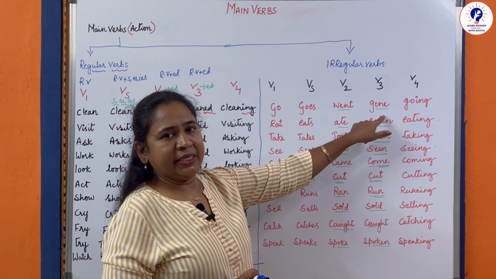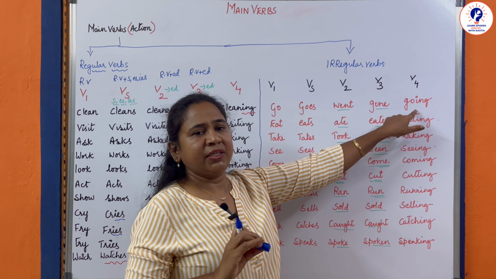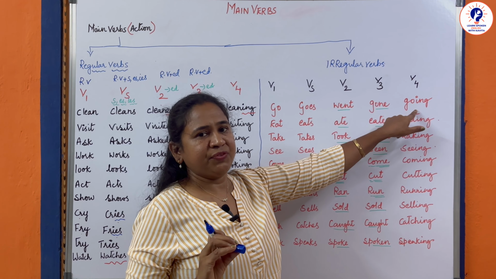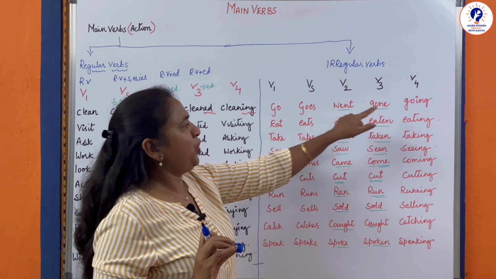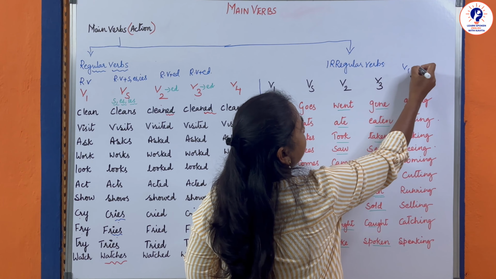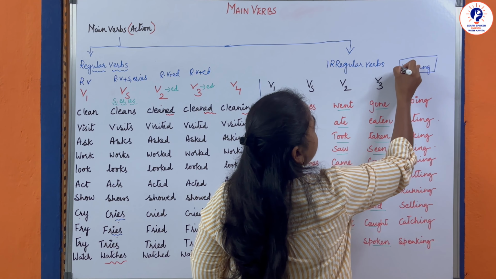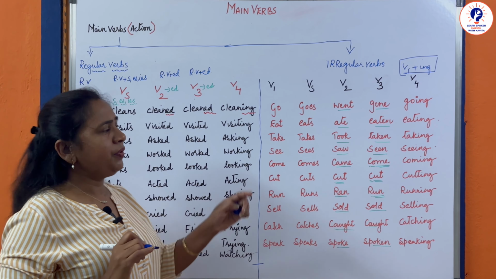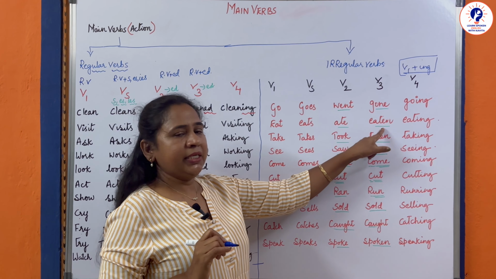You don't have any ed ending here. And V4 is the same. You don't have any difficulty with V4, it is just the ing form. To V1 you add ing. So V1 plus ing is V4. Right? Eat, eats. Ate, eaten.